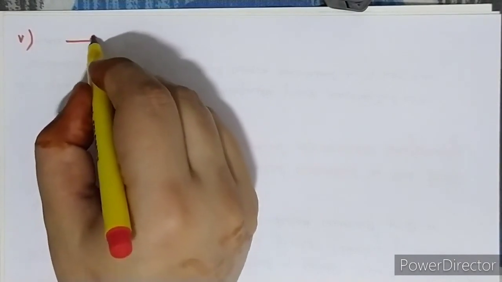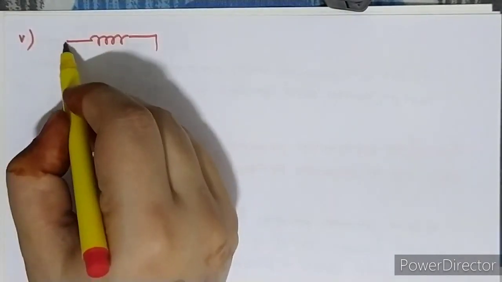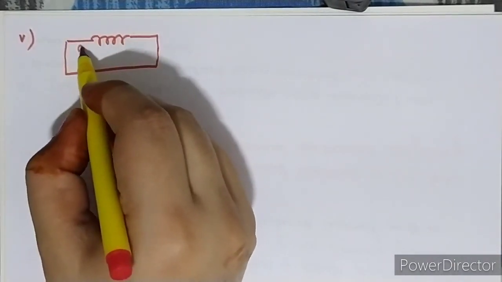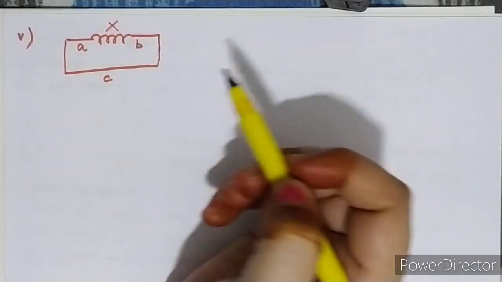Now moving toward the last situation, situation number 5th, that is a coil is there, A, B and C. X coil is there.